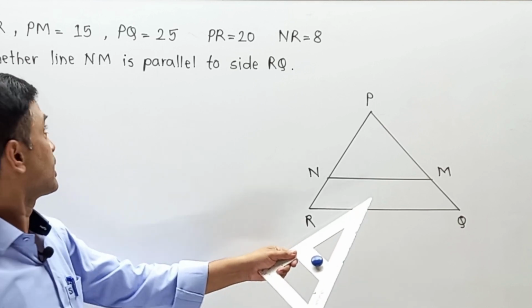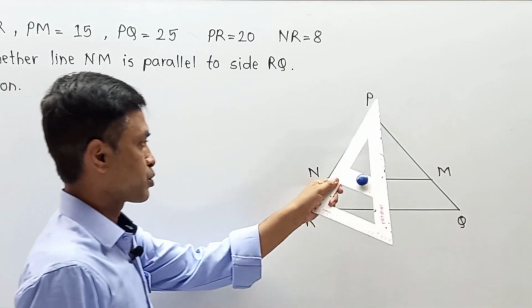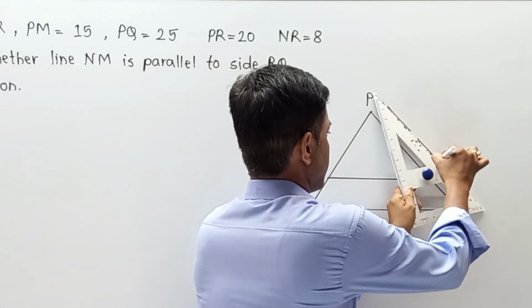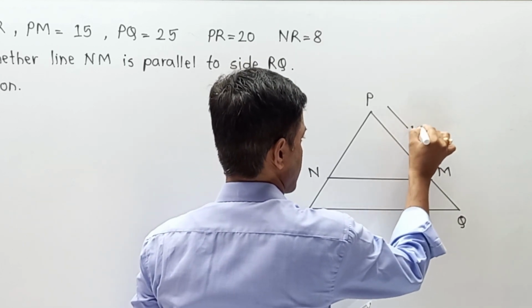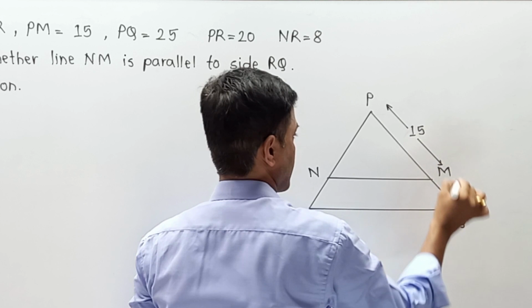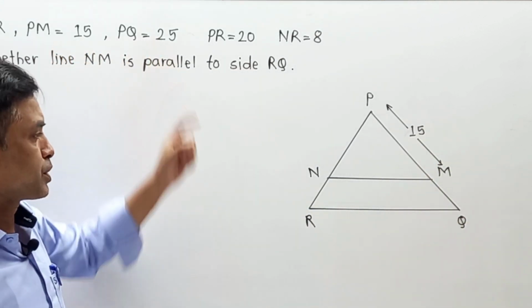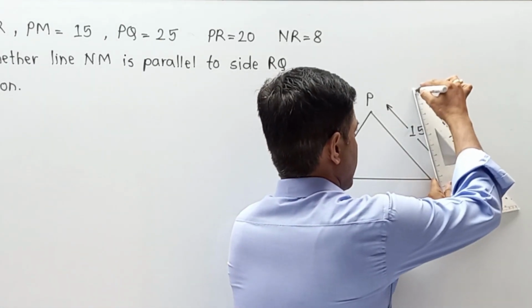Now as per their given data, one by one, in triangle PQR, PM is 15. So P to M, this distance they have given 15. Next, PQ is equal to 25. P to Q, this distance they have given 25.